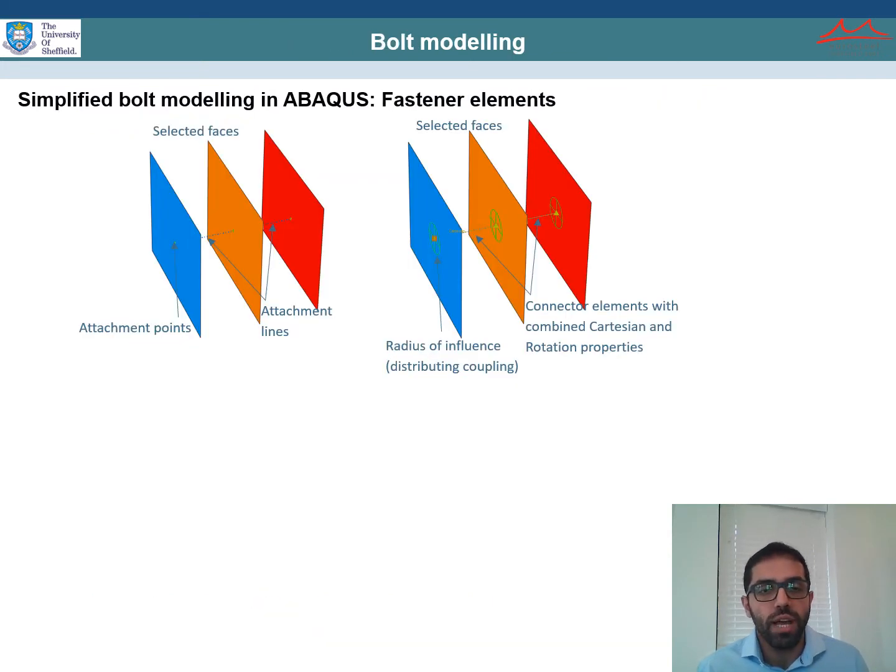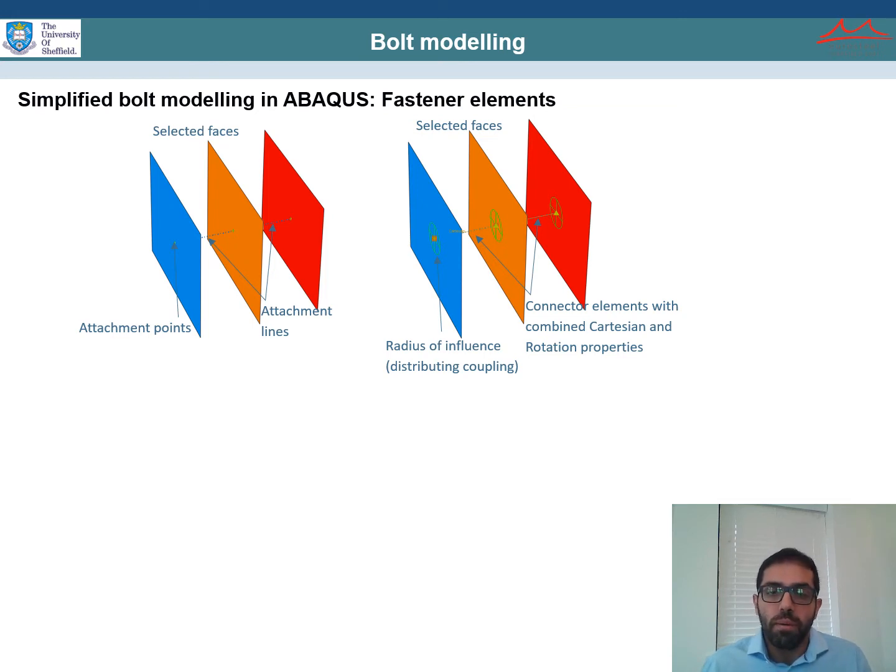For the bolt modeling, we have used simplified bolt modeling in Abaqus, which is called fastener element. Fastener elements make use of attachment points on each connected plate or selected surfaces, and attachment lines are created between these attachment points. Also, a radius of influence is assigned to the attachment lines. It means that all degrees of freedom of the nodes within this radius of influence are coupled to the attachment points.